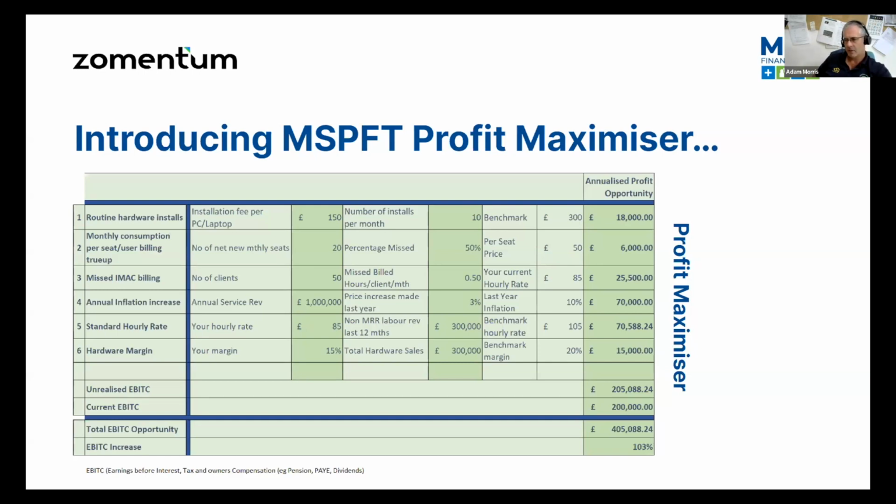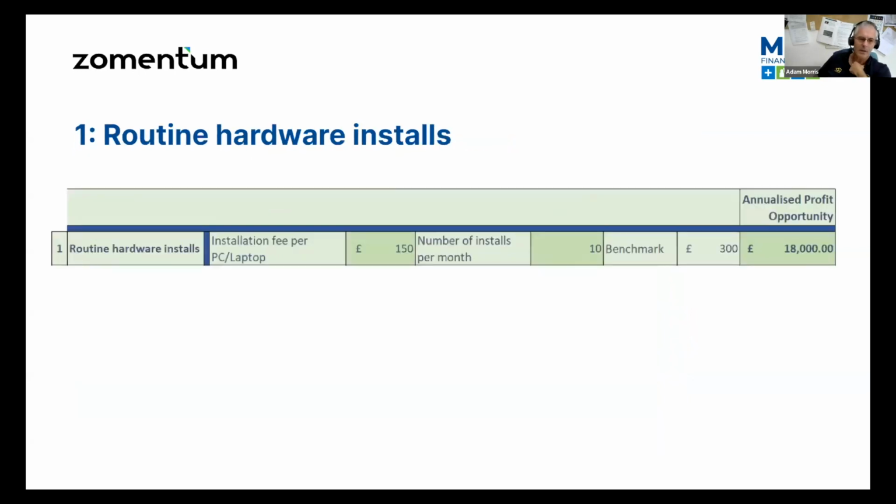So if you can go on to the next slide, the first thing we're going to look at is just standard routine hardware installations, laptops, PCs, and the degree to which we are pricing this appropriately. Now, all of these numbers are going to vary, of course, depending on where you are in the world and where you are in each of those different countries.